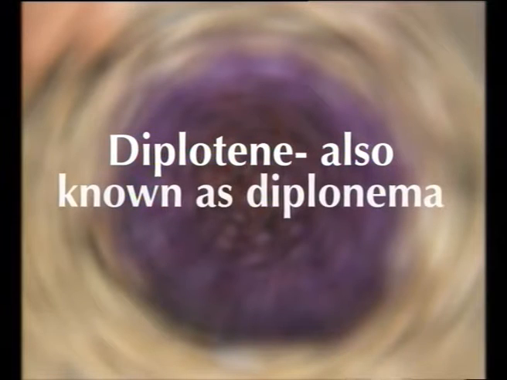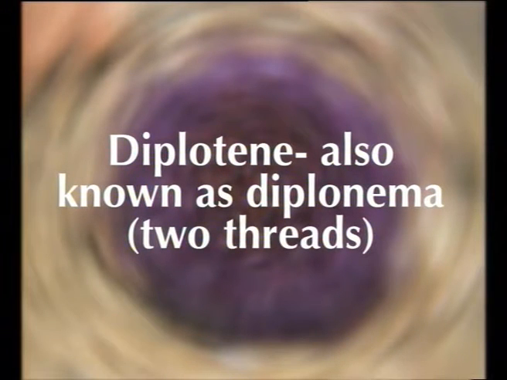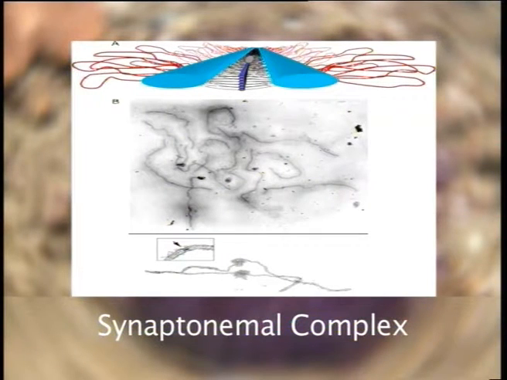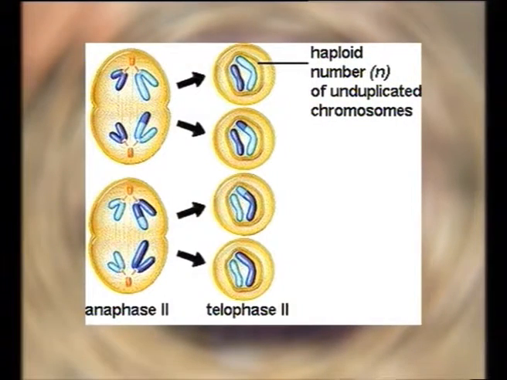Now we have one more stage, Diplotene. The Diplotene stage is also known as diplonema, from the Greek words meaning two threads. The synaptonemal complex degrades and homologous chromosomes separate from one another a little.